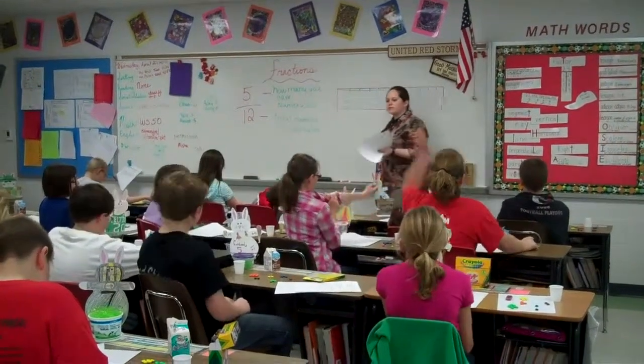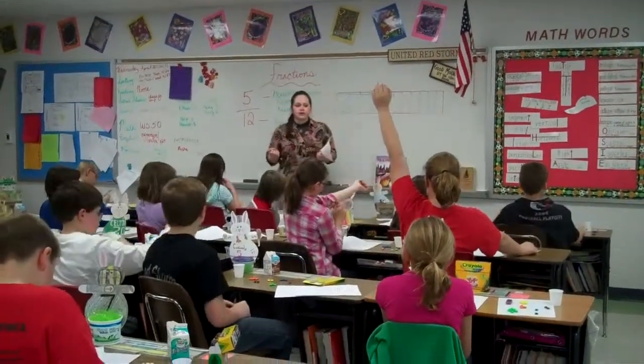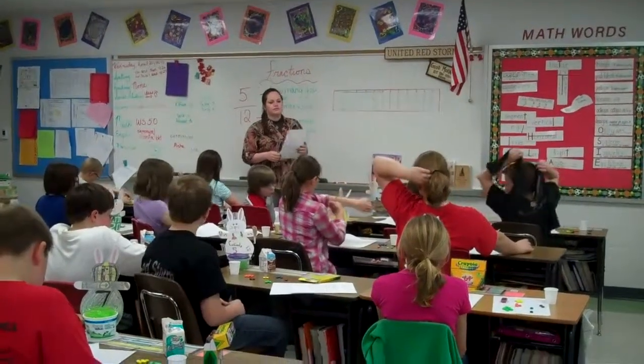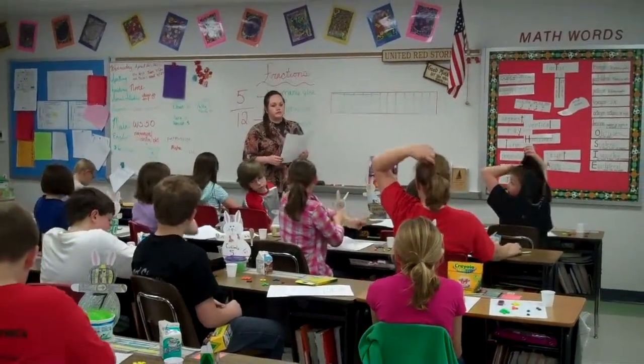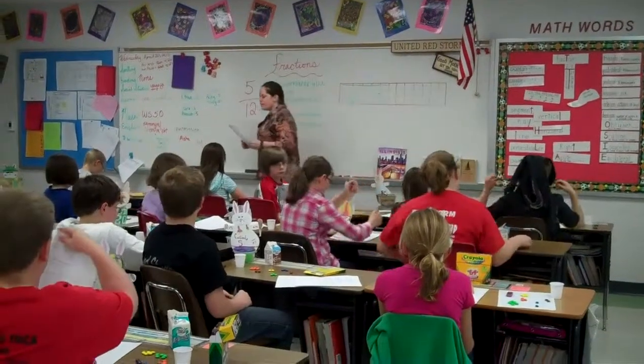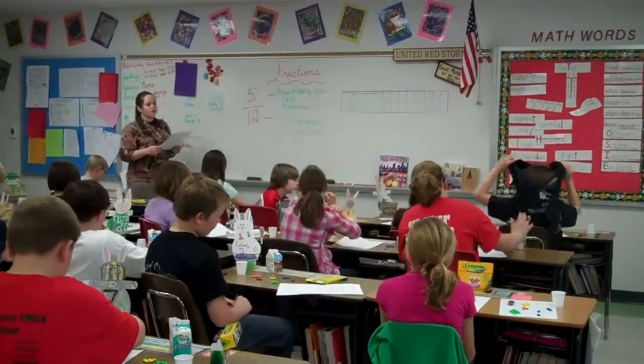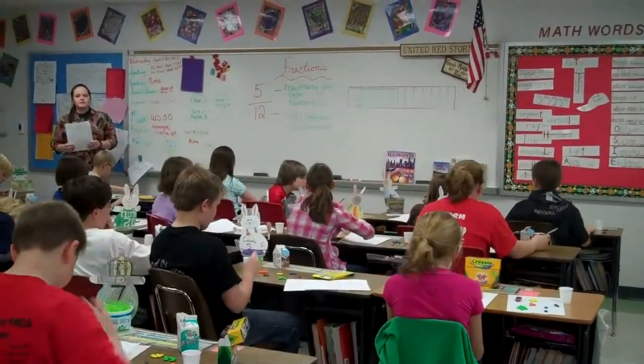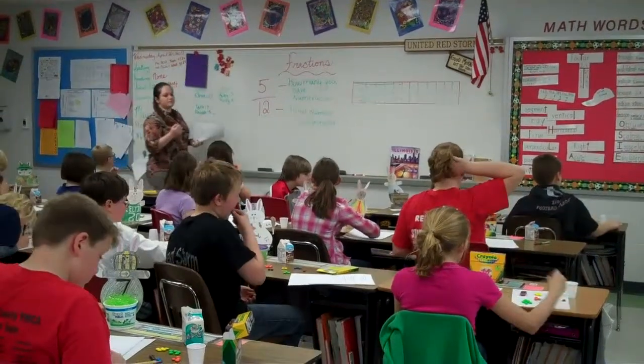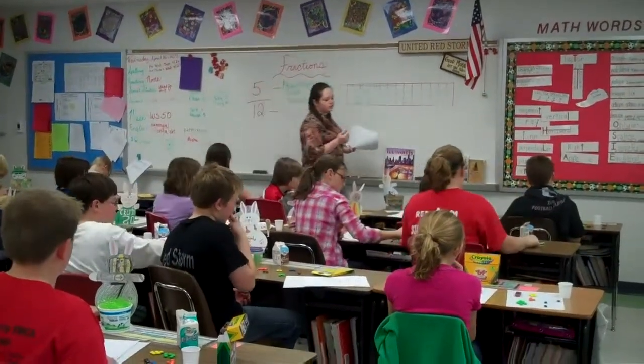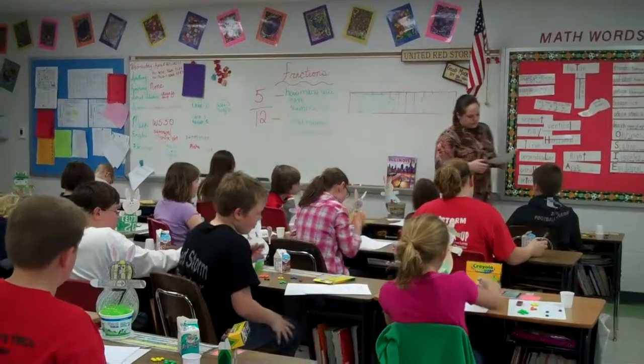So now how do we represent the red M&Ms? Claire? 0. Yep. 0/19. So I want you all, for the red ones, to eat 1 red M&M, and then write your new fraction.